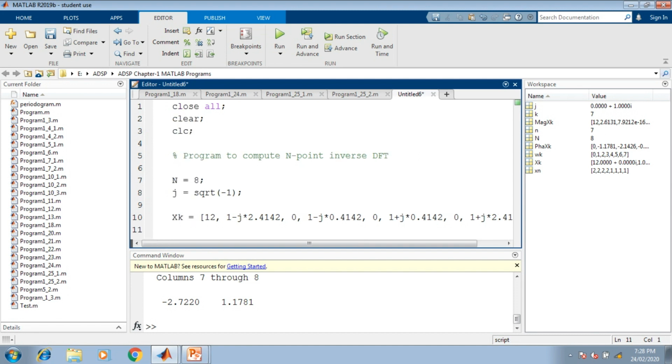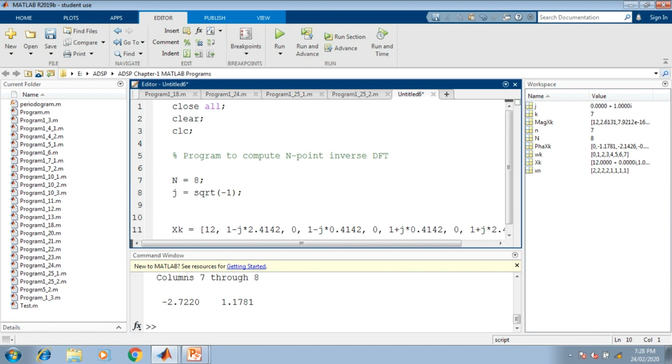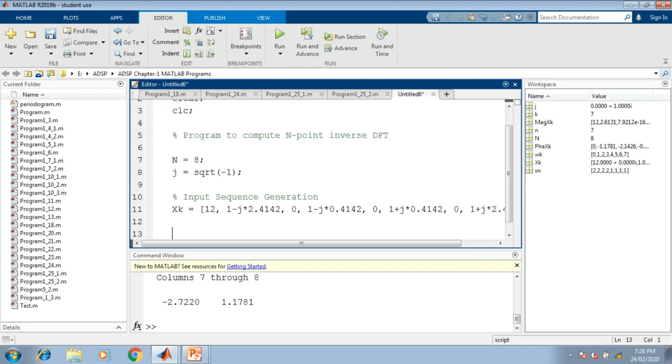After having this input sequence generated, I can comment this line as input sequence generation. Now we can declare the output variable.